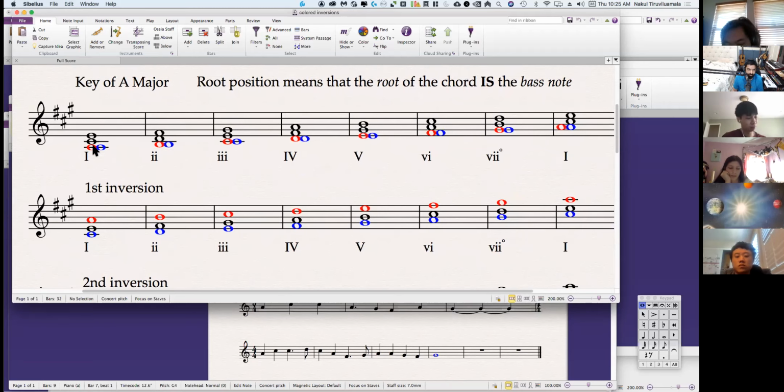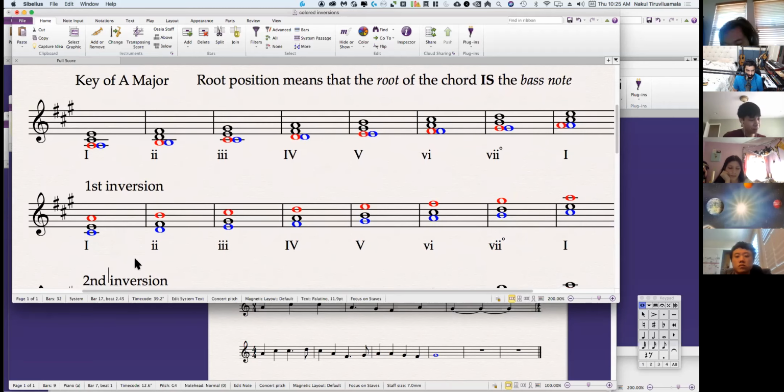A long time ago I made a really long acronym, but this sounds like a distinguished organization. Compare the base note against its position in the root position chord.